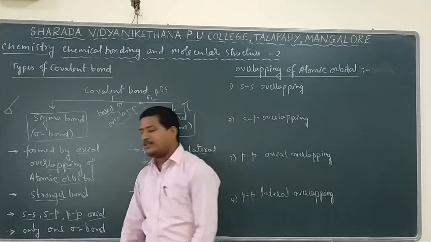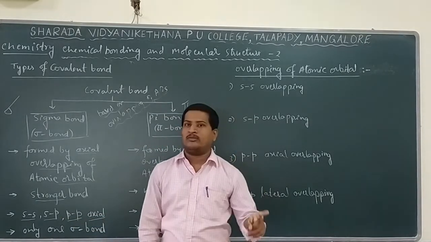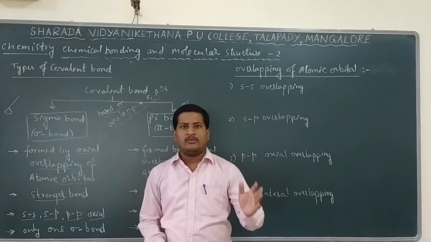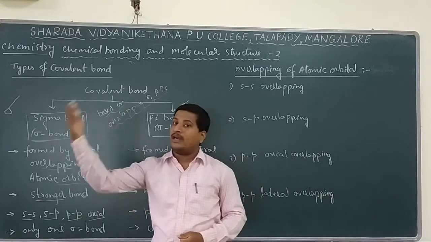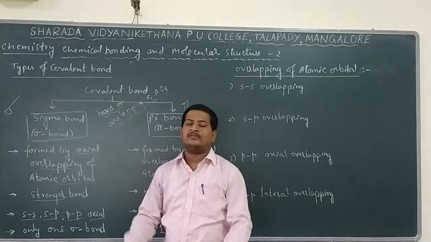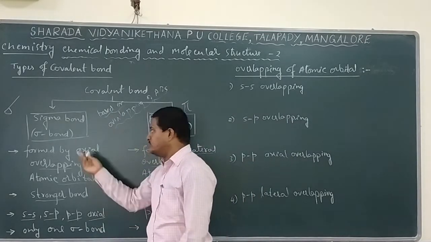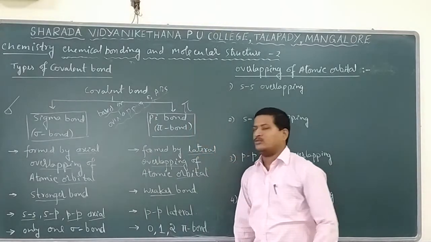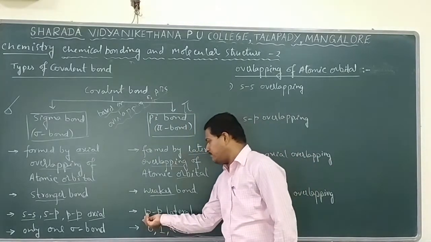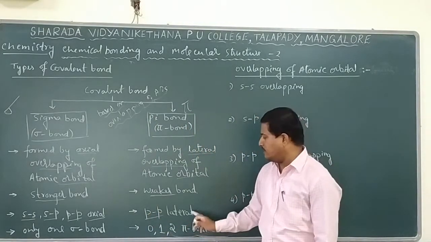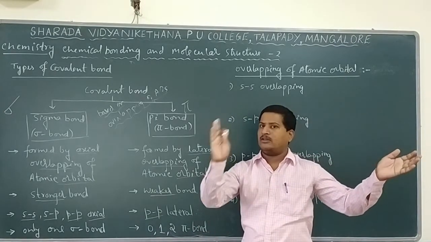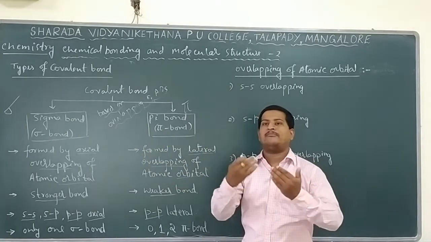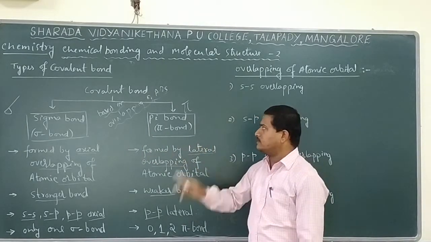Here S and P are the orbitals: an S orbital with another S orbital, a P orbital with another P orbital, or an S orbital of one atom with a P orbital of another atom. This overlap produces a sigma bond. But in the case of a pi bond there is only one type of overlap, that is P-P lateral overlap. A P orbital from one atom and another P orbital from another atom overlap laterally, producing a pi bond.